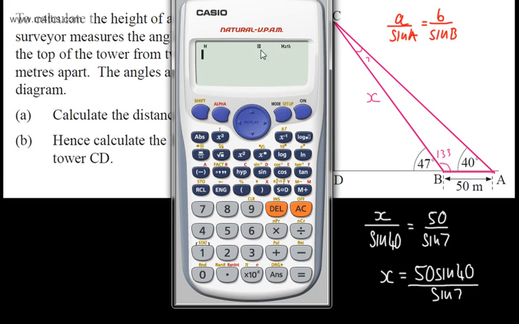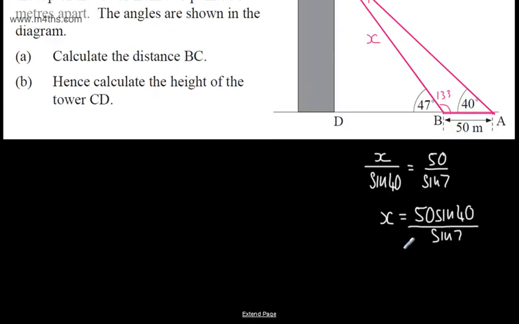You'll have a little d here. And what we're going to have is 50 lots of the sine of 40 degrees divided by the sine of 7 degrees. If we do that, we end up with 263.7. So X is going to be equal to 263.7. That's metres, and that's given to one decimal place.